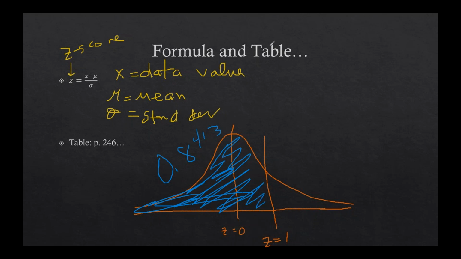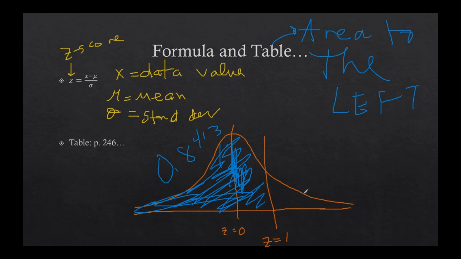The thing to remember is that the table always gives you area to the left. Always. So when you're finding z equals 1, the probability next to it is the area to the left. And that should make sense. 0.8413 is greater than half, and you can see the mean is the halfway point, so the shaded blue is definitely more than half. So logically, that should make sense.